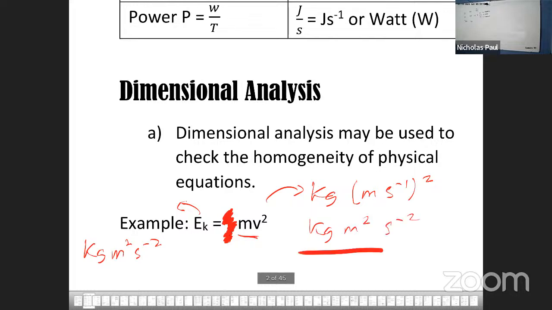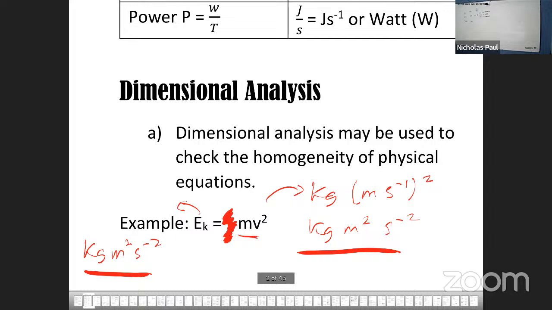So are the units the same? So they are homogeneous. But is the equation correct? No, the equation is not correct. So homogeneity does not mean that the equation is accurate. Right? It's missing a constant. Okay? So it is dimensionally correct, but the actual equation is not accurate.